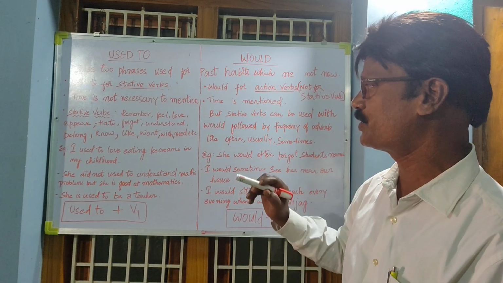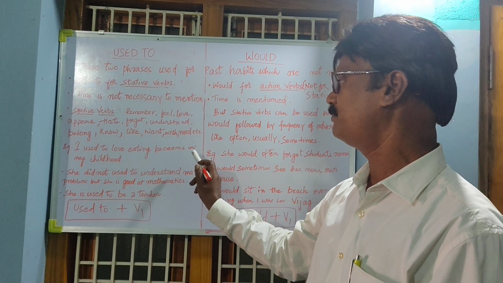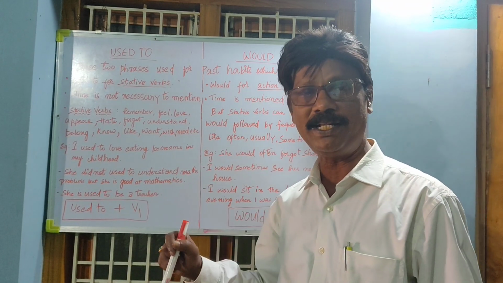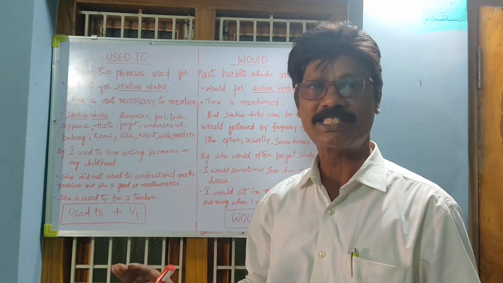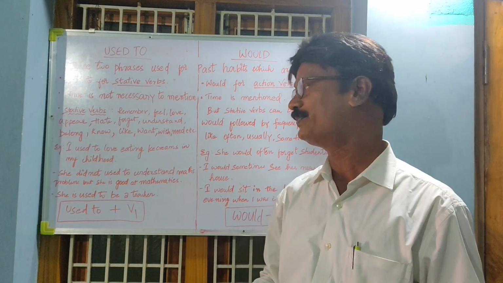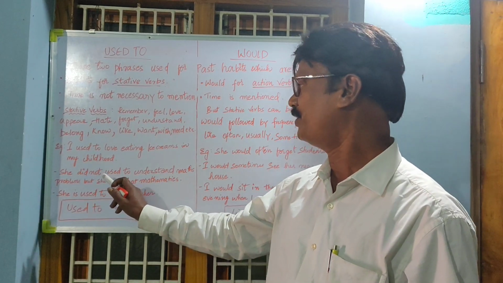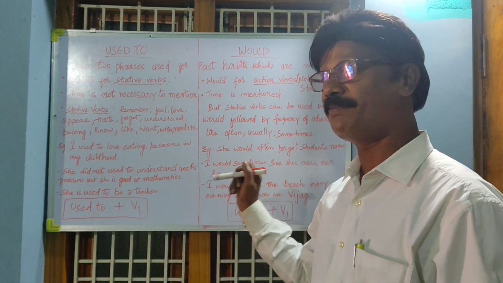For example, I used to love eating ice creams in my childhood. It means I do not eat ice creams at present. It can be expressed in the negative also. She did not use to understand maths problems, but she is good at mathematics.